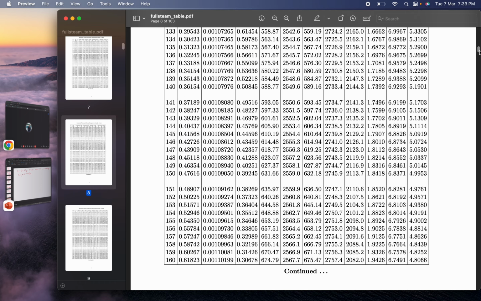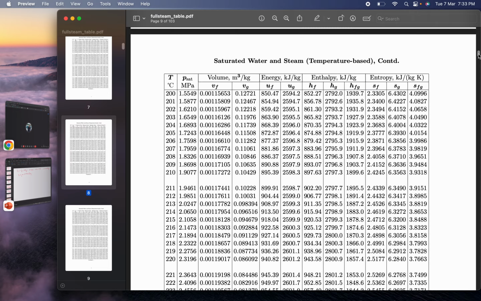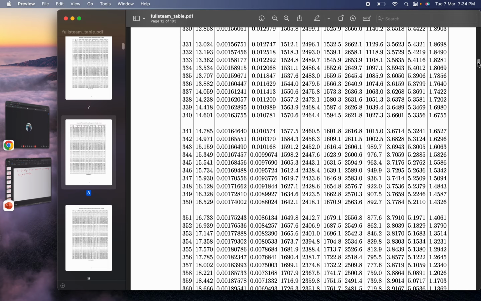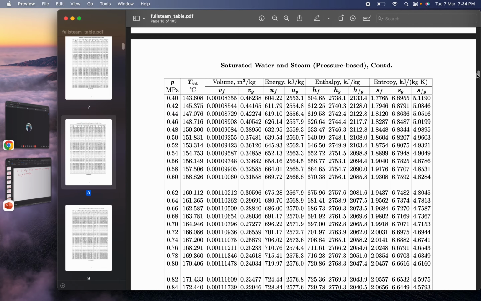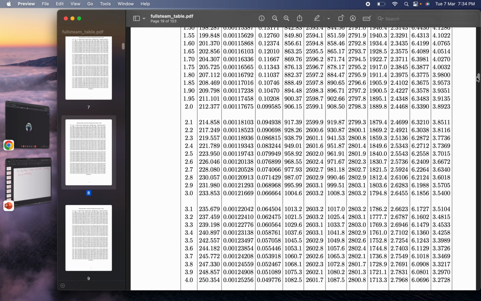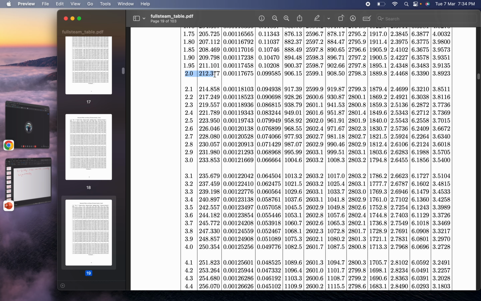Okay, for this pressure, the saturated line, at the given pressure values we will see in the 2 megapascal table. So this is my 2 megapascal, and see my Vg value.